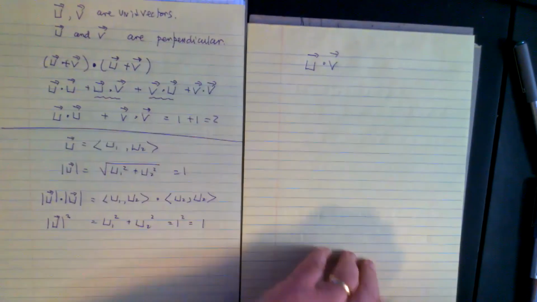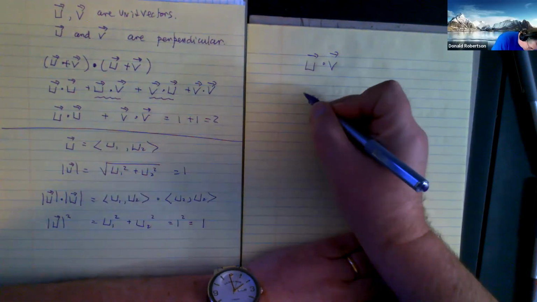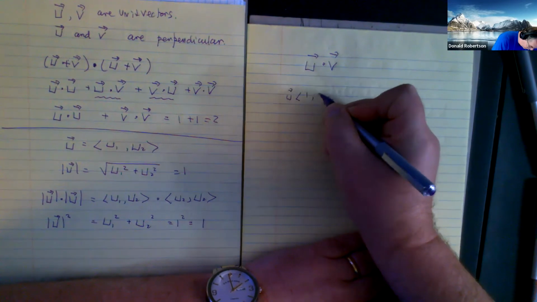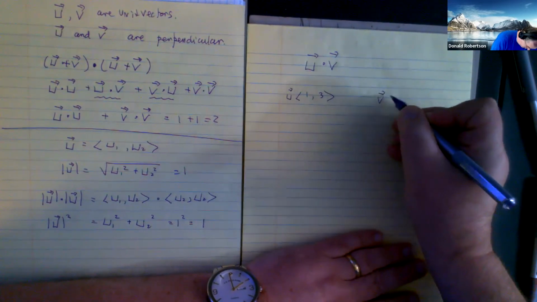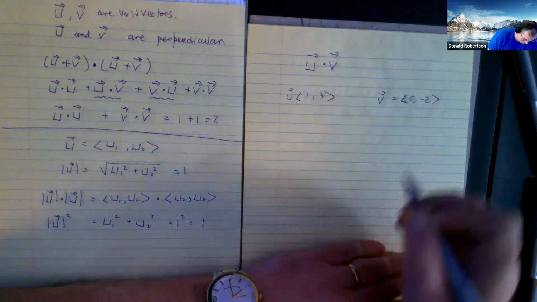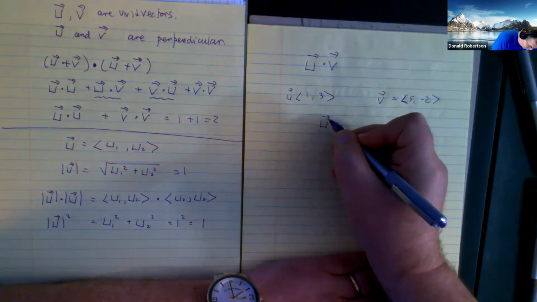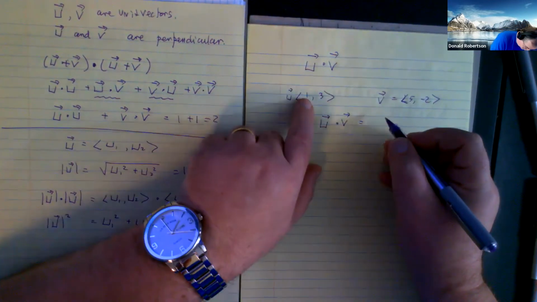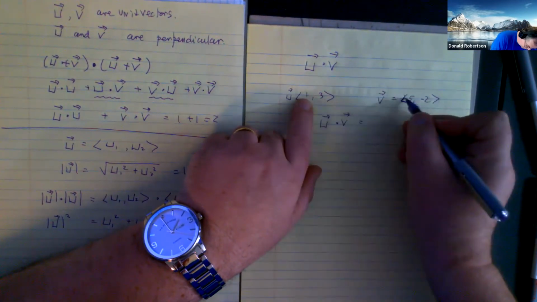If I said to you, let's calculate that, it's much better if you look at it with numbers. So let's suppose u is (1, 3), and let's suppose v is (5, -2). On one very superficial level, a dot product is just a formula that says you multiply the x's together.